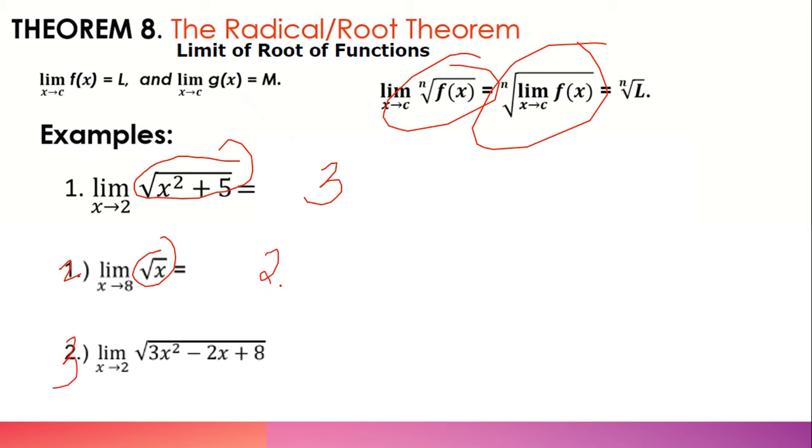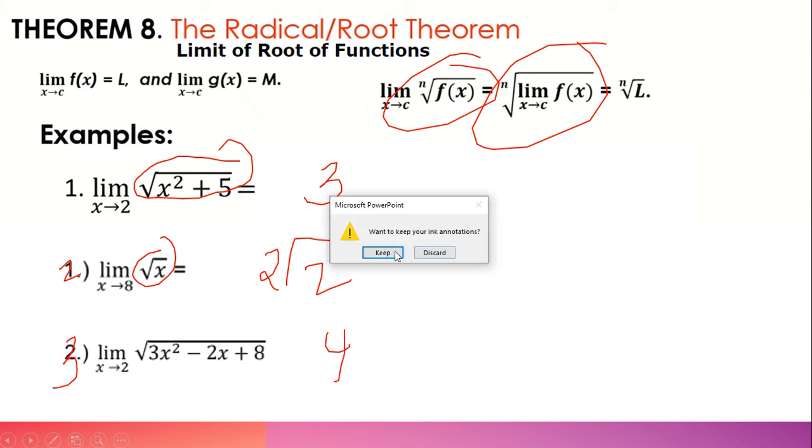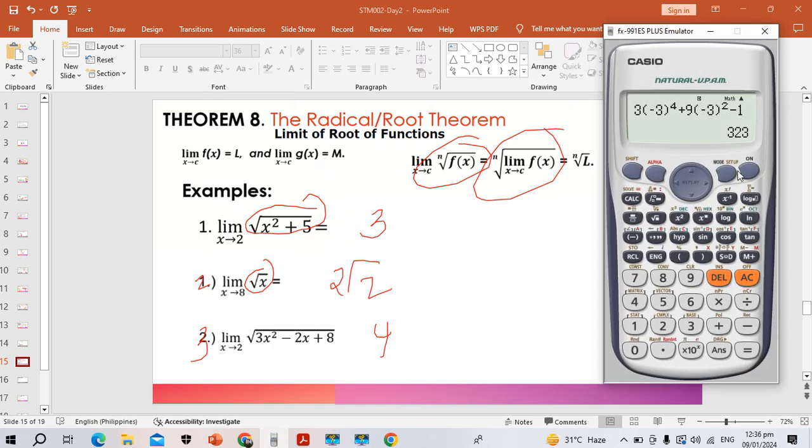2 square root of 2. How about number 3? 4. The answer is 4. Let's see if it is correct. Square root of 2 raised to 4 is, so 9, magiging 9 siya, kaya 3. 8, square root of 8 is 2 square root of 2.